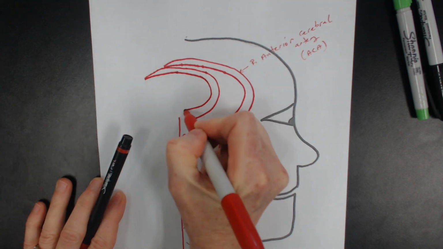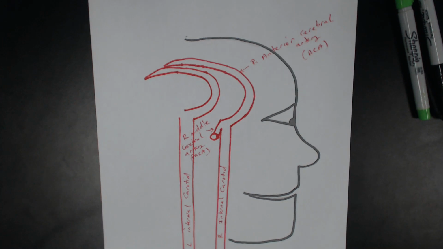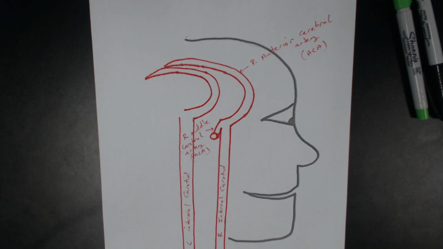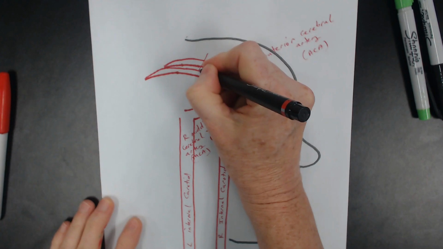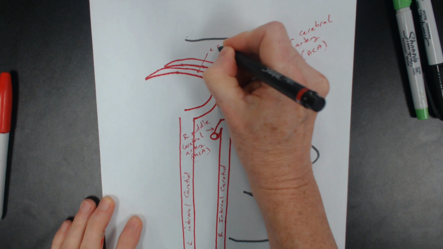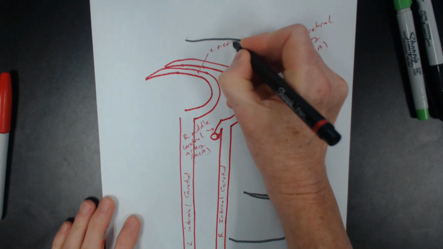And what branch is that on the left side? What branch flips over the corpus callosum? Yeah, that's your ACA, right. That's going to be my left ACA. That's my left anterior cerebral artery.